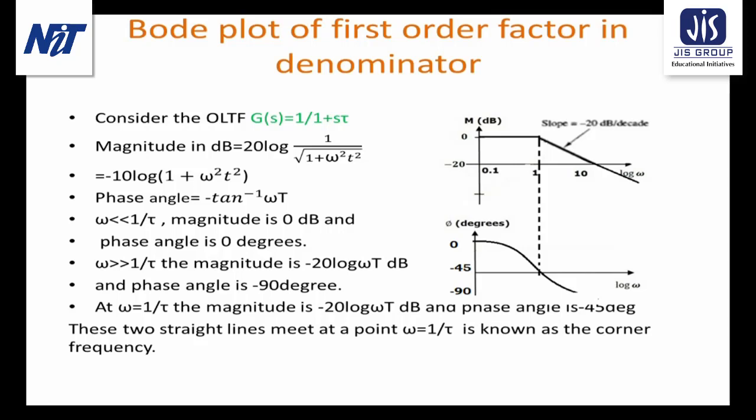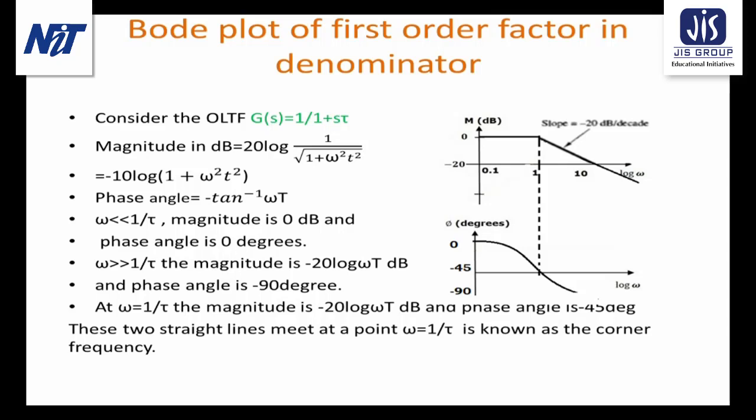Actually, in Bode plots, there are two types of plots. One is the approximate plot, and another one is the exact plot. When we draw the Bode plot using straight lines, it is called the approximate plot or the asymptotic plot.